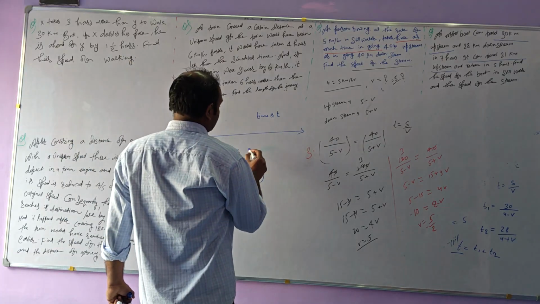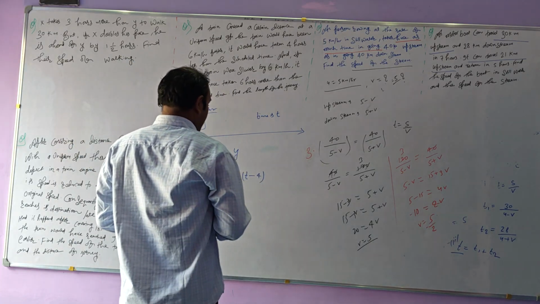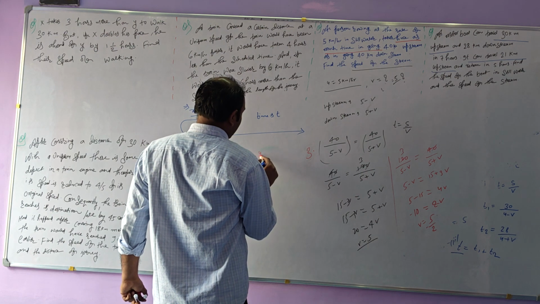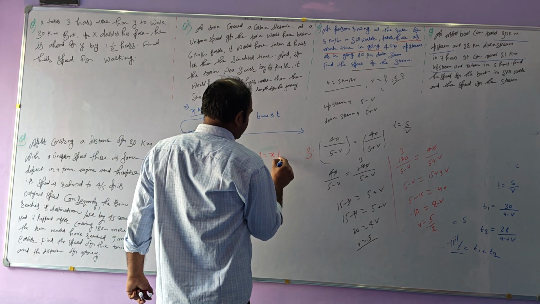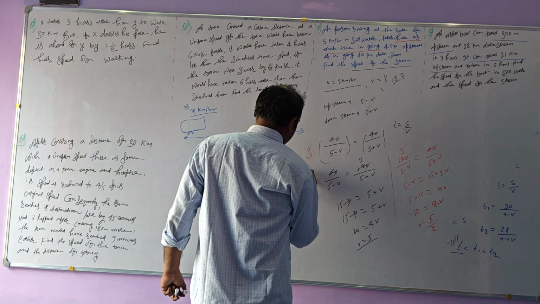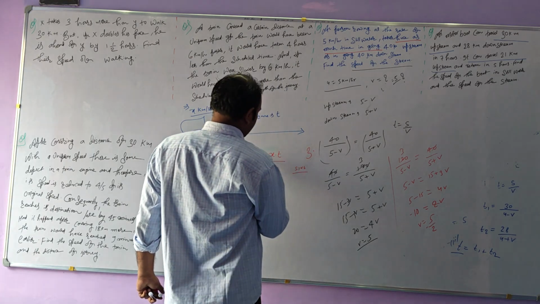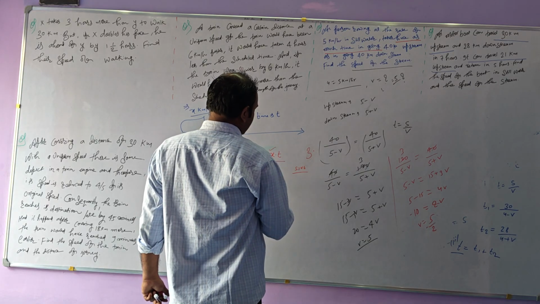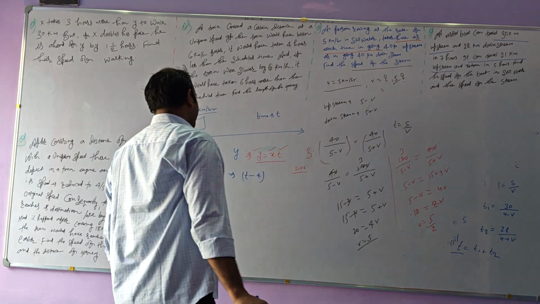Here we know y is equal to x into t. We know s is equal to vt. Here distance is y, speed is x, and time is t.